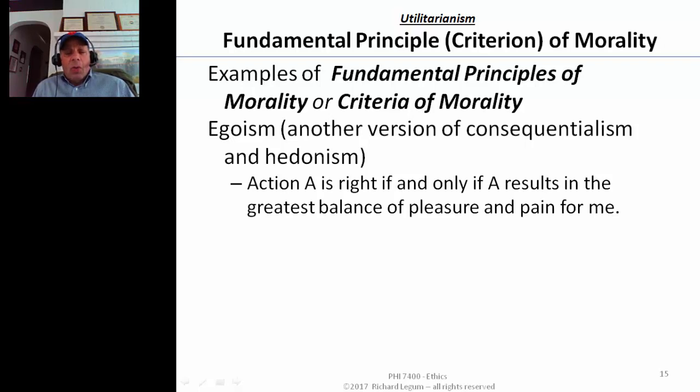But the one thing to notice is just that it tells us the conditions under which actions are right. That is, it's necessary for an action to be right that it results in the greatest balance of pleasure over pain for me. And it tells us that it's sufficient, it's enough that an action results in the greatest balance of pleasure over pain of the alternatives for me, for that action to be right.